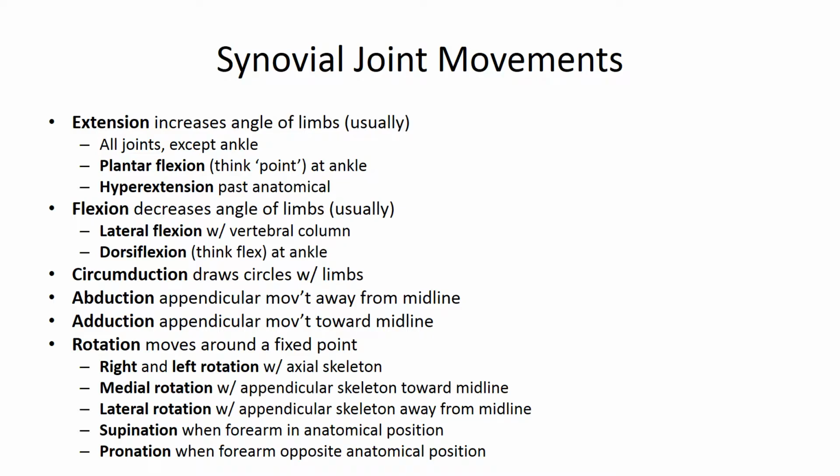Hyperextension is an angular movement where the body part is extended past the anatomical position, like when you're looking up at the stars. Flexion is the opposite of extension, and this is where you are decreasing or reducing the angle between the articulating elements, like lifting a dumbbell as in a biceps curl.